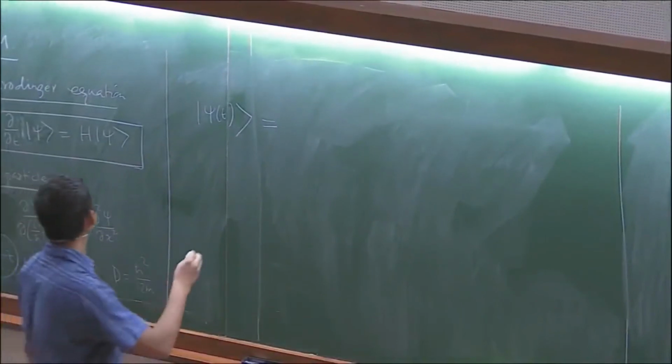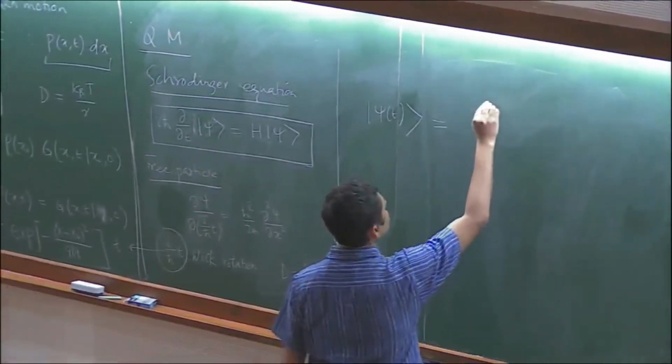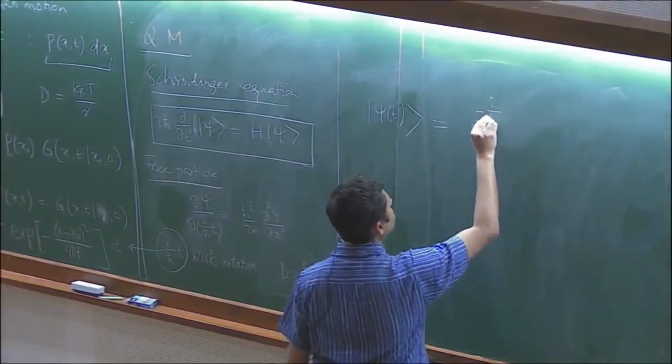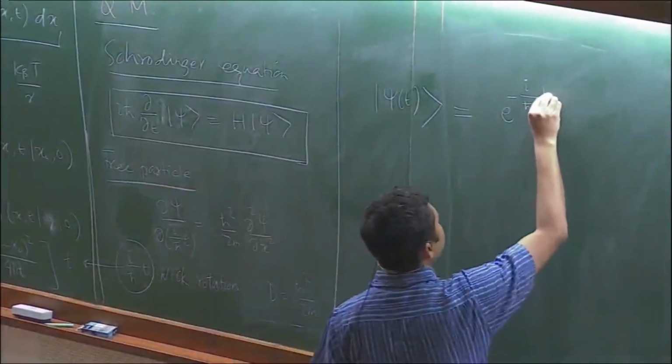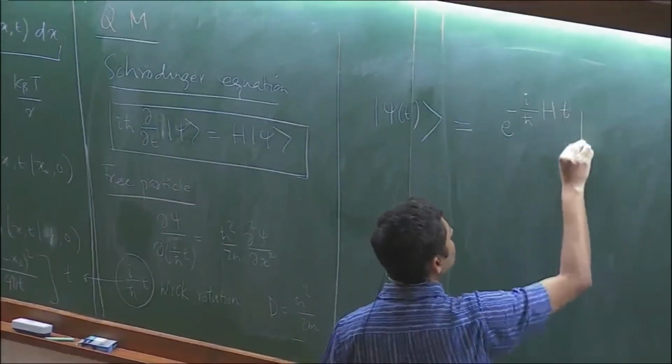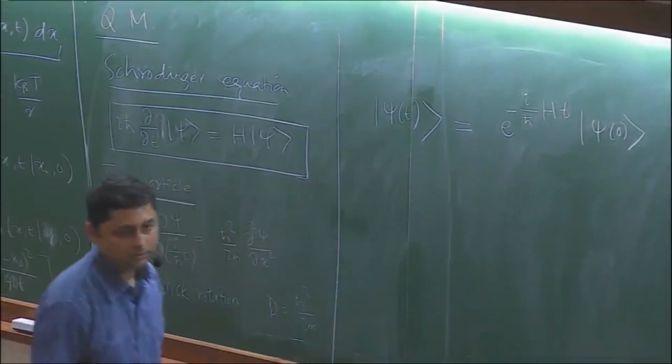It is e to the power minus i by h cross, so h cross goes down, minus i H times t, psi 0.